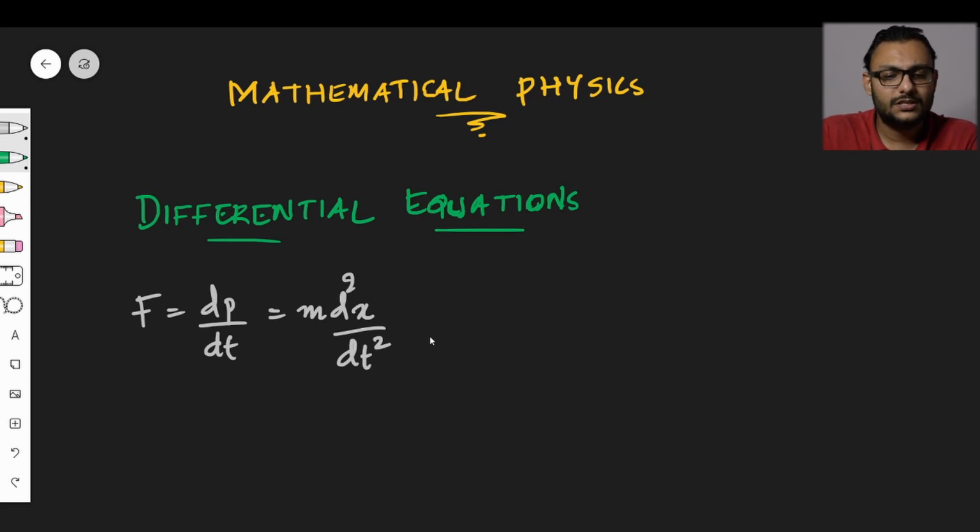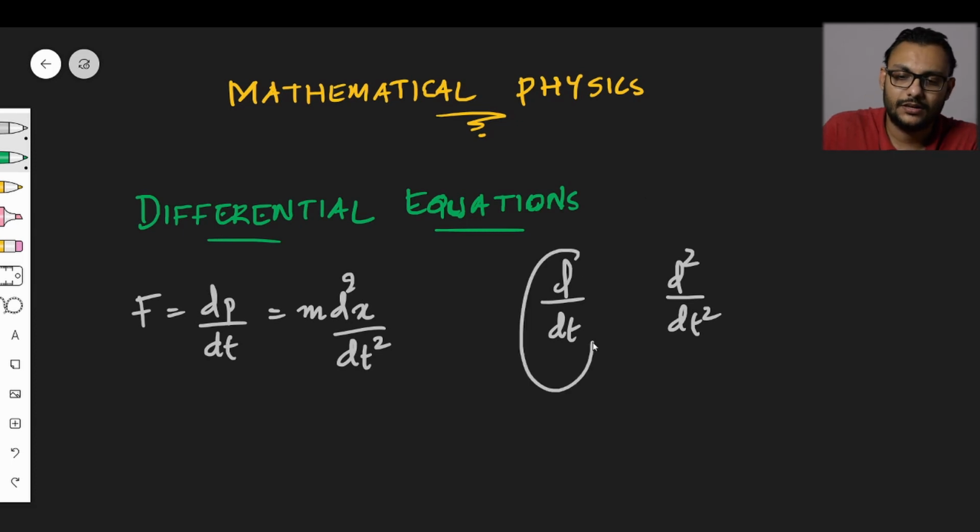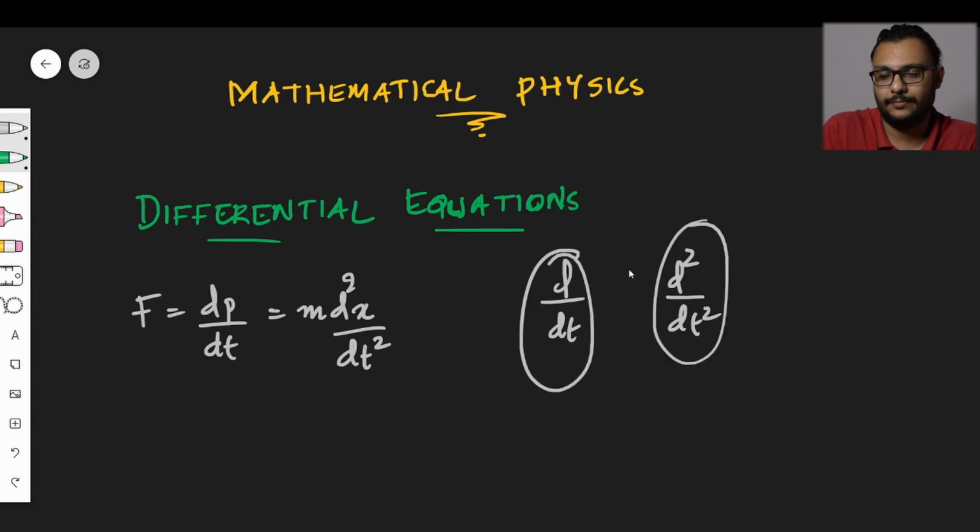In these equations, you may encounter expressions such as d by dt or d square by dt square, etc. These are derivatives with respect to time. This is the first order time derivative of momentum, and this is the second order time derivative of position.